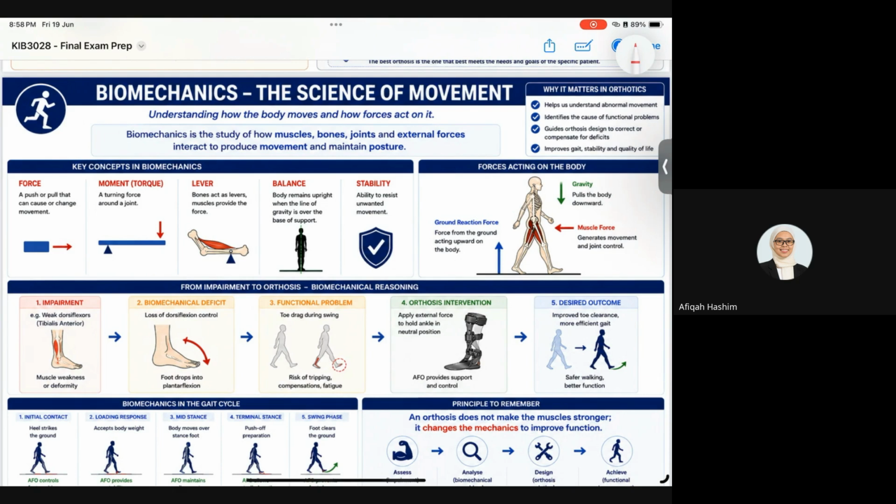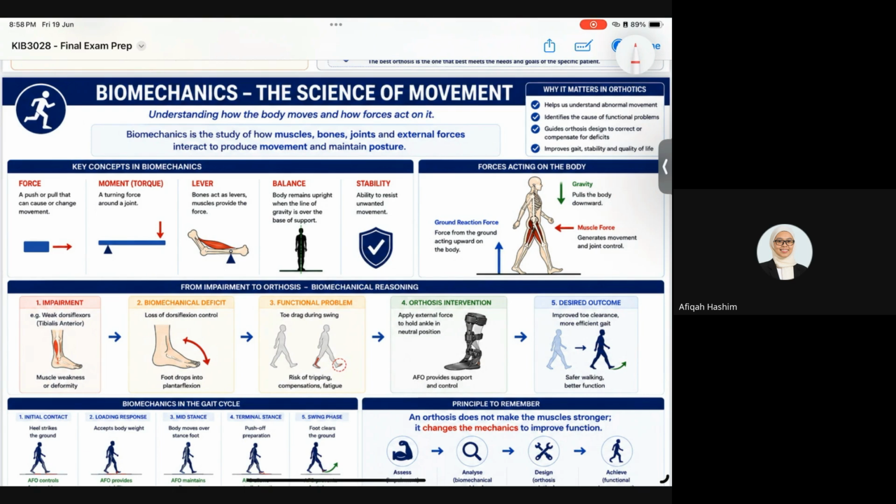The AFO resists plantar flexion. This is also biomechanics. You explain it biomechanically. The AFO resists plantar flexion and maintains the ankle close to neutral position. This improves the toe clearance during swing phase, and it promotes heel strike during the initial contact, reduces foot slap, and provides greater stability during stance phase.